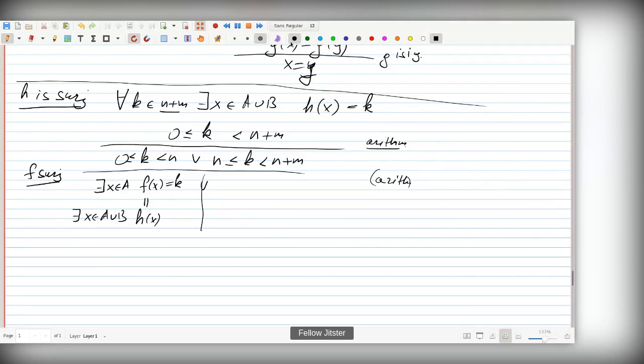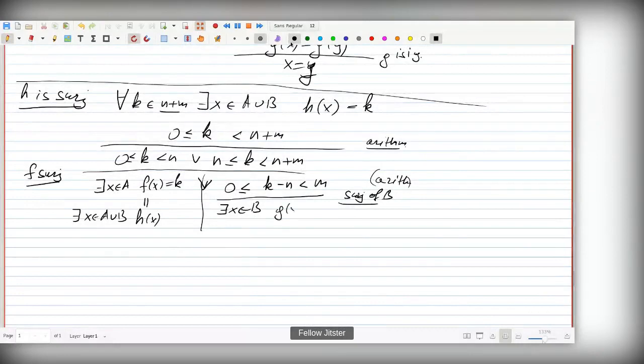So we have 0 minus n being less than m. And now take an x in B such that g of x equals k minus n.